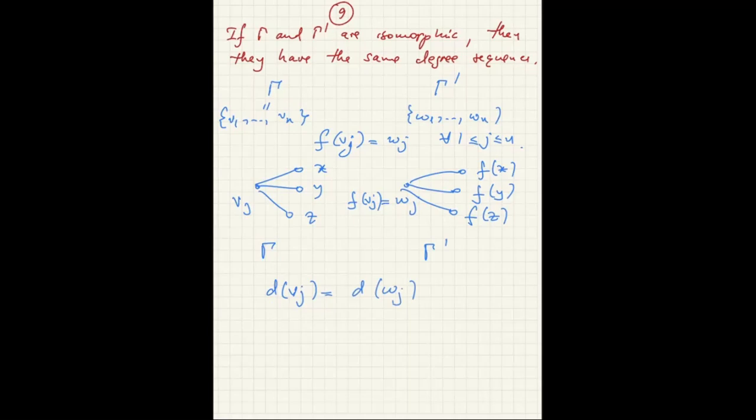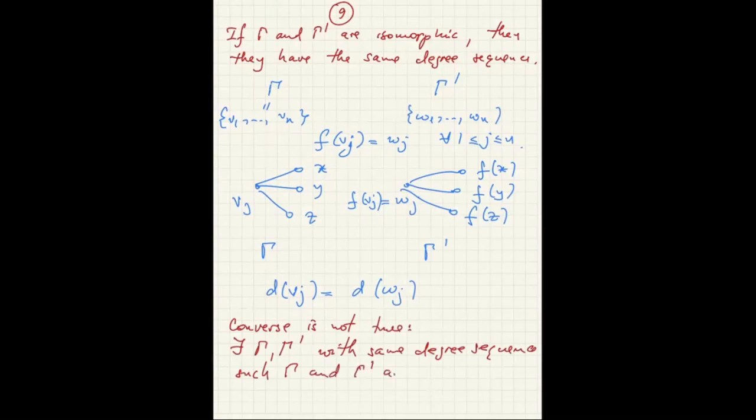Okay, but now the converse is not true. So there exist graphs gamma and gamma prime with the same degree sequence such that gamma and gamma prime are not isomorphic.